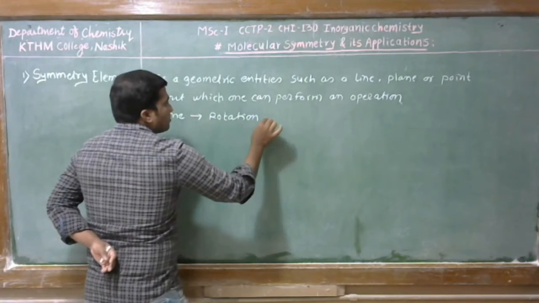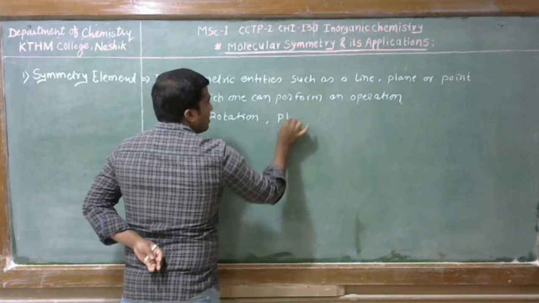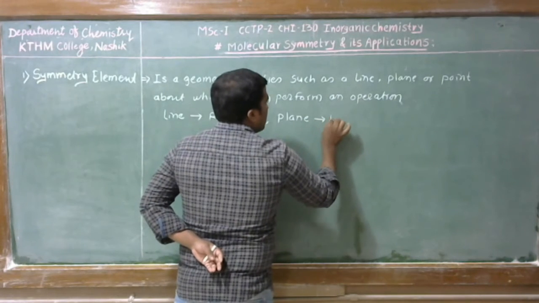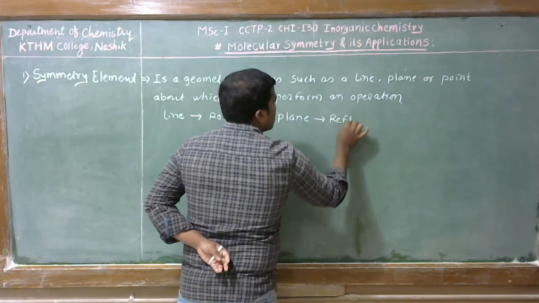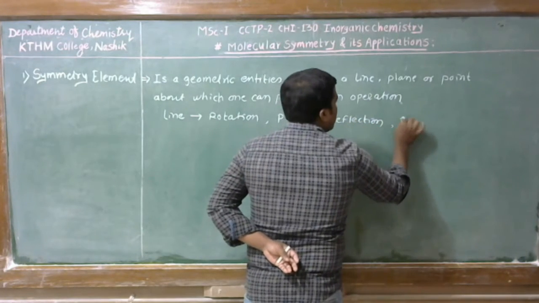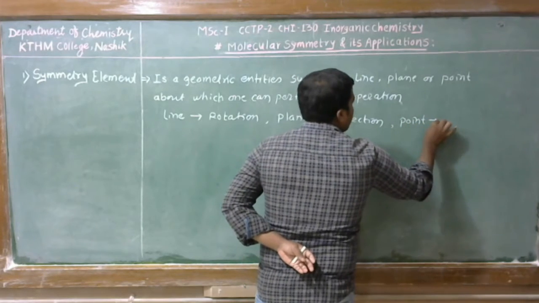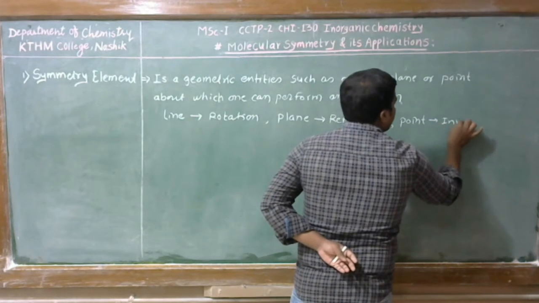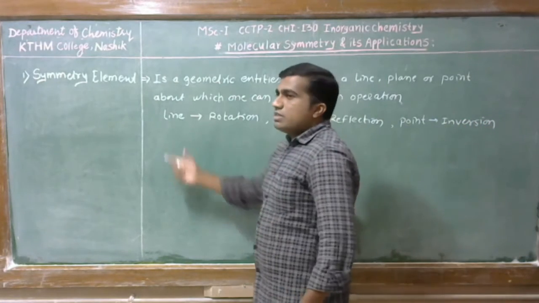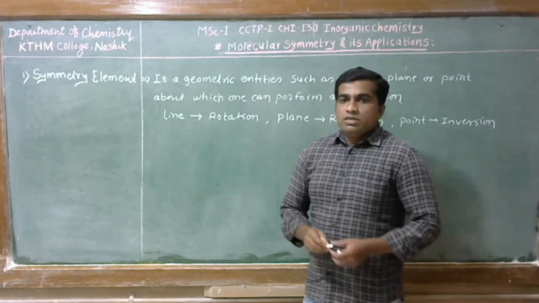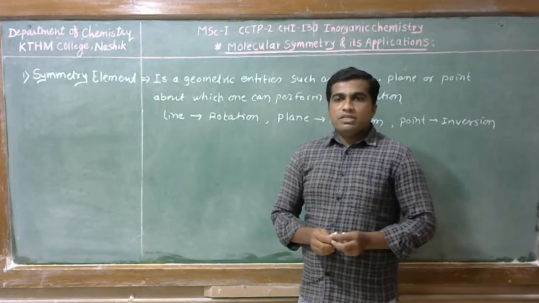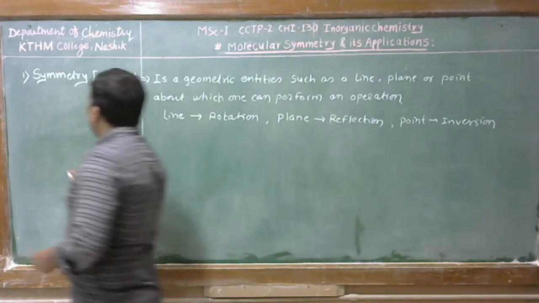By using a plane, we can perform a reflection, and by using a point, we can perform an inversion. So this is about a symmetry element. Let's move to the next important point, that is symmetry operation.